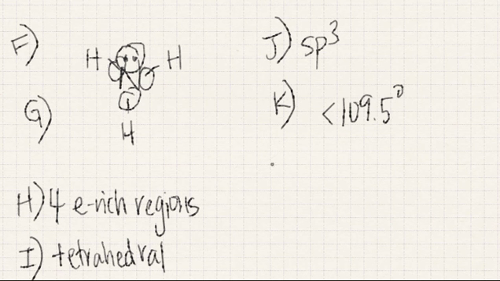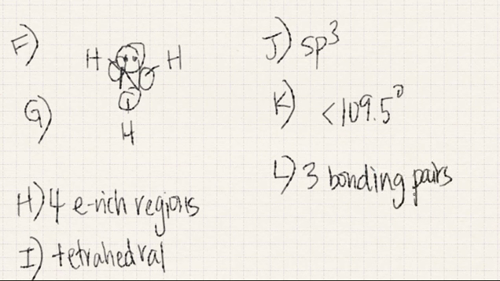How many bonding pairs are there? Let's count. So there's 1, 2, 3 between each of the hydrogens. So there are 3 bonding pairs. How many unbonded pairs are there? There's 1 unbonded pair of electrons.